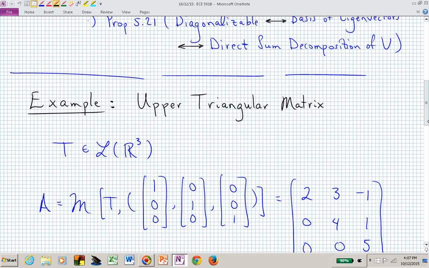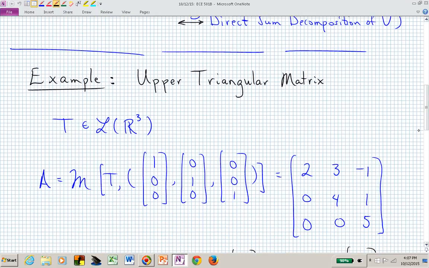This is on R3. I hope it's not too shocking that this is what we mean by an upper triangular matrix. Everything below the diagonal is 0. We could have zeros above the diagonal, but we definitely are having zeros below the diagonal of an upper triangular matrix.